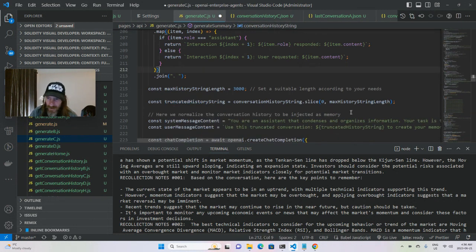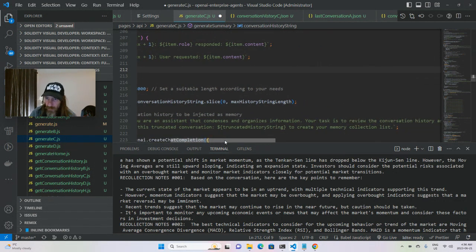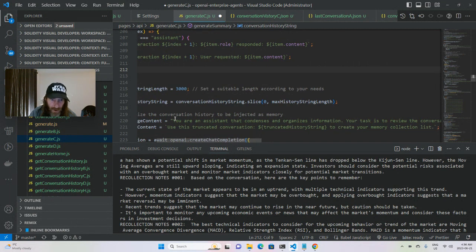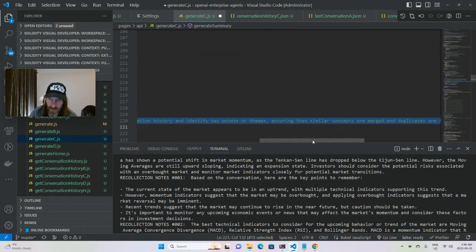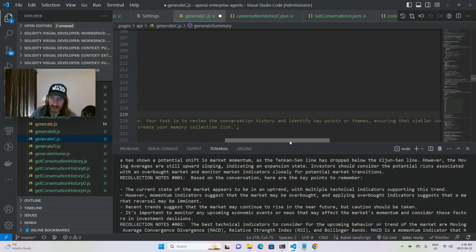So I'm chunking it, and I'm just saying to create a memory collection list. And this one here is the first part of the message. Your task is to review a conversation history and identify key points or themes.